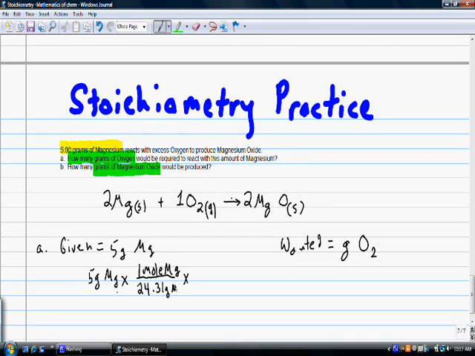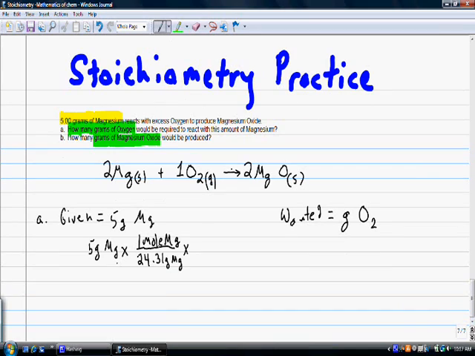If I were to stop here, I would have moles of magnesium. And some students like to do that. They like to go from grams to moles, get an answer, and then do a second problem. I'm going to run our conversions all the way across. But what I will show is that if I were to get an answer at this point in time, it would come out to 0.206 moles of magnesium.